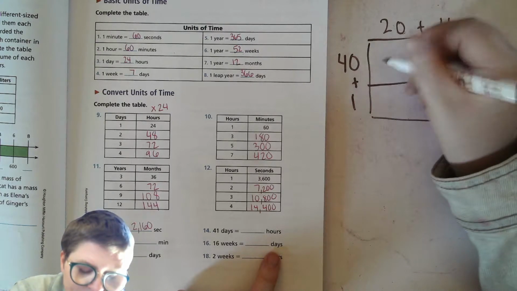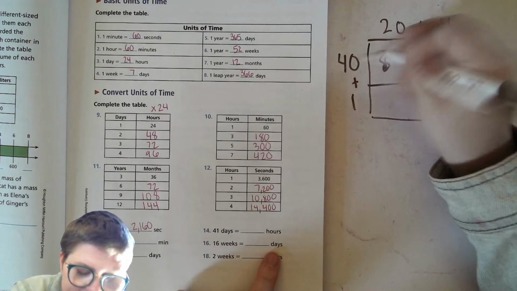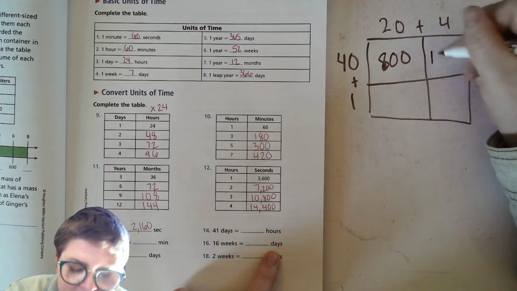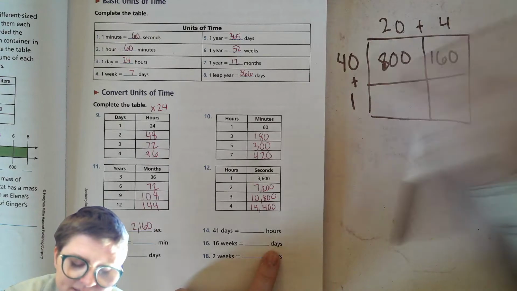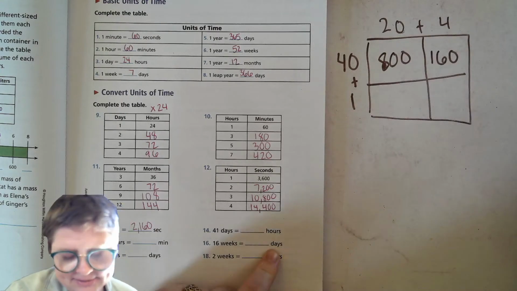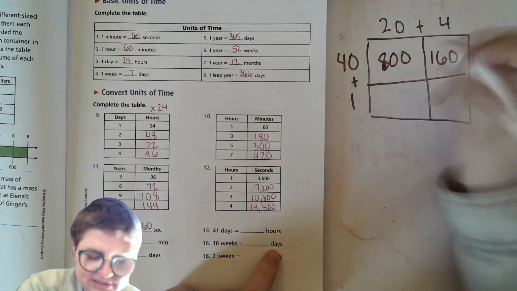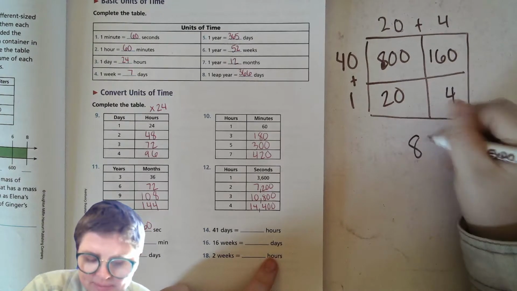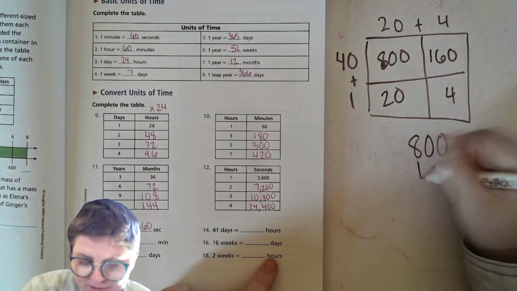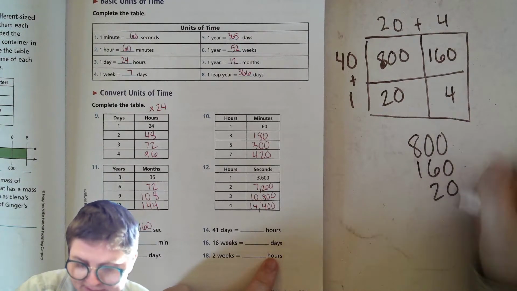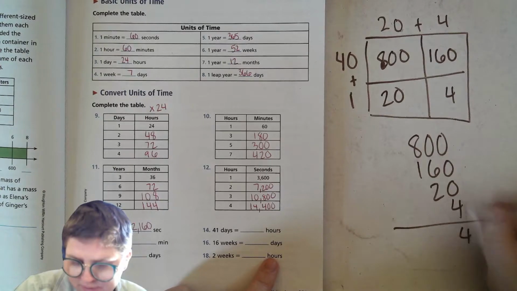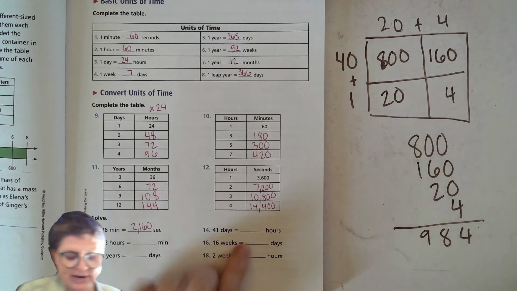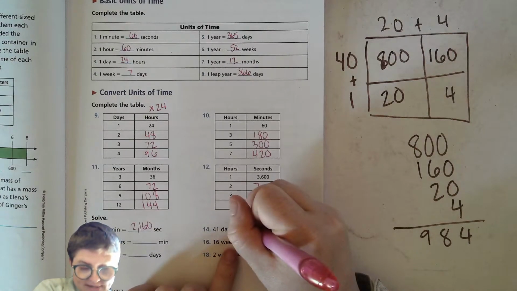Well, 2 times 4 is 8. And then 10 times 10 is 100, so 800. 40 times 4 is 16 tens, right? 4 times 4 is 16 times 10. And then 1 times 20 is 20. And 1 times 4 is 4. So we'll add all that up. 800, 160, 20, and 4. So 984 hours in 41 days.